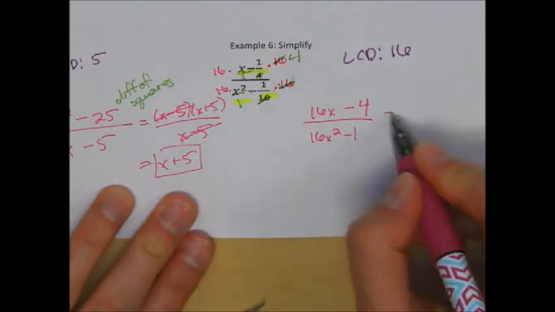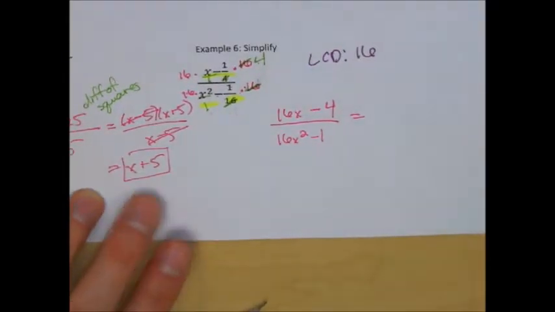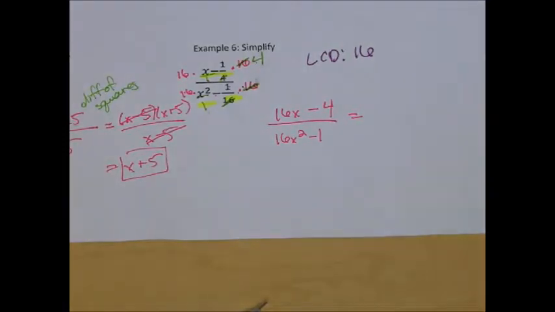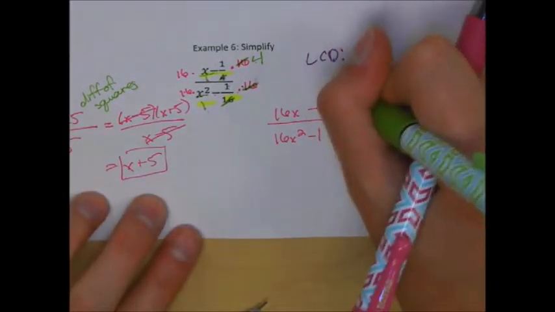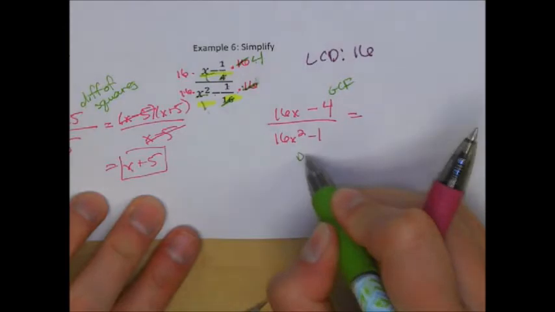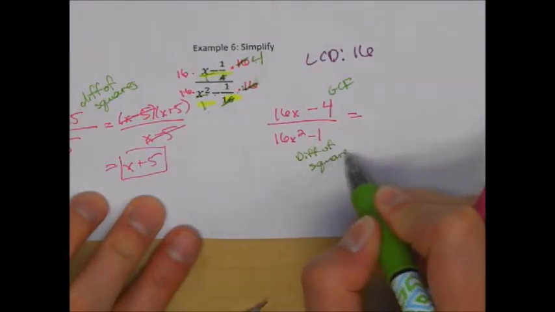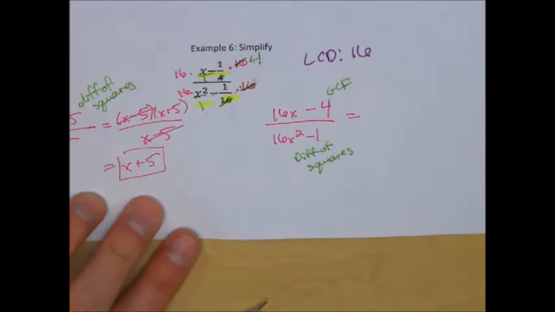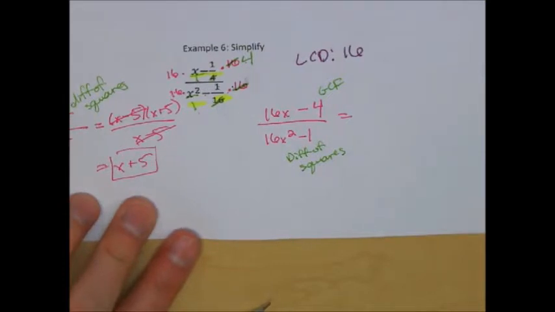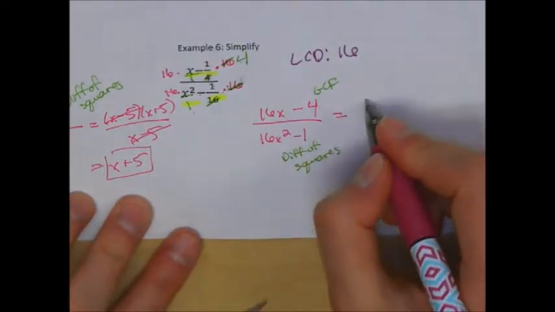Can I factor anything? On the top, I have a GCF. On the bottom, I have a difference of squares. Go ahead and factor those. On the top, I'm going to take out my GCF of 4.